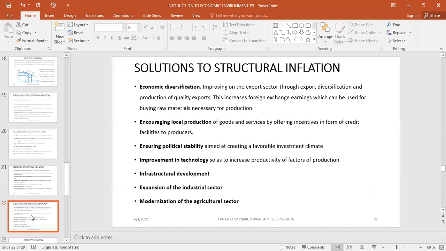Then the other one, we can talk about ensuring political stability.